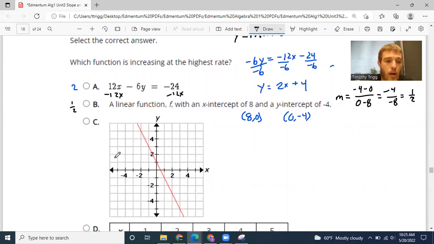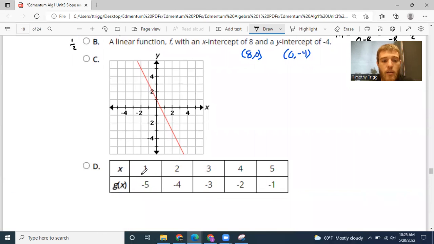C is automatically wrong because it has a negative slope. I can tell because it's going down. So that one's automatically wrong. And then go ahead and find the slope of line D, or answer choice D, g of x. You can use any 2 points you want. So if you want to use the first 2 points, that's fine.